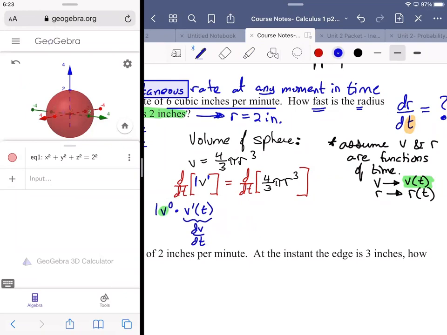Now for the other piece, the derivative with respect to time of a function involving some function r. All right, so differentiating that, power rule, 3 multiplied by 4/3 is going to give you a 4 pi r squared, but we also have to be mindful of the fact that r itself is a function of time.